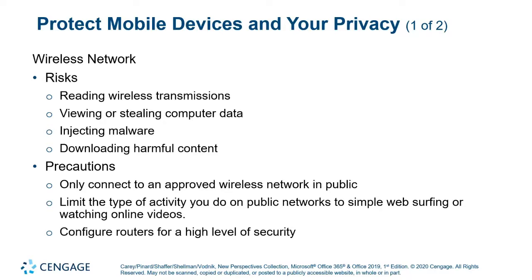If your device is set to automatically connect to wireless networks, do yourself a favor and turn that off. I'll tell you why. One very simple reason. We call them evil twins. A malicious network is created to appear as one of the approved networks that you have access to. Say you're at a coffee shop and you see Starbucks network, and then you see another one, Starbucks network.